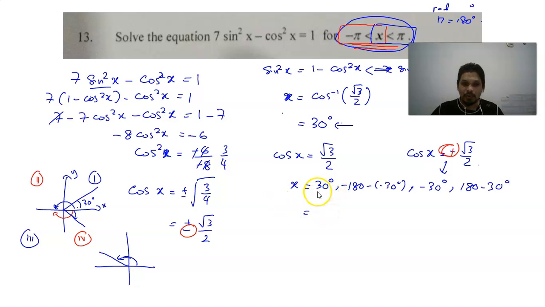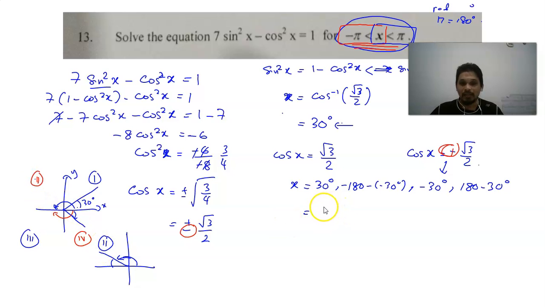This is in the first quadrant. This is in the fourth quadrant, negative 30, because cos is positive, in the clockwise direction. And this one is 180 minus 30 because in the second quadrant cos is negative.